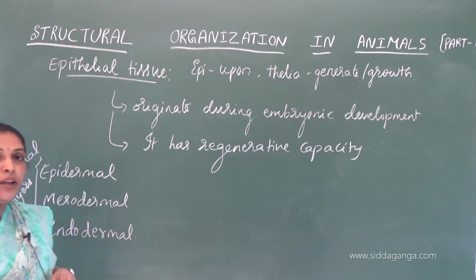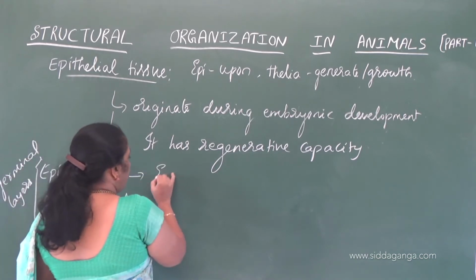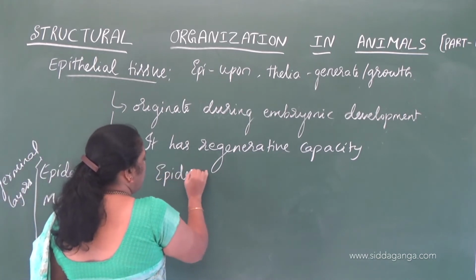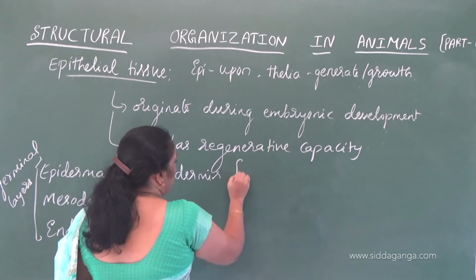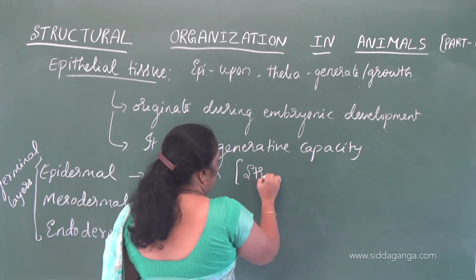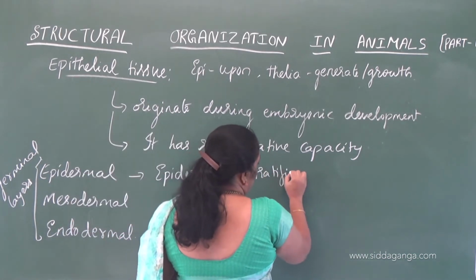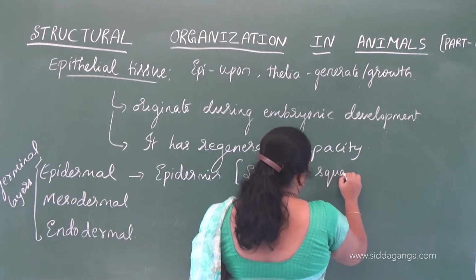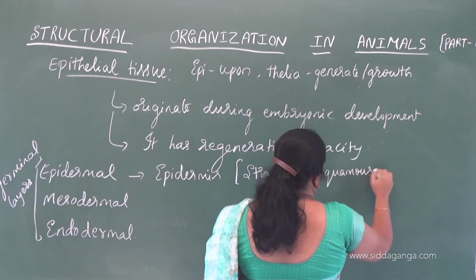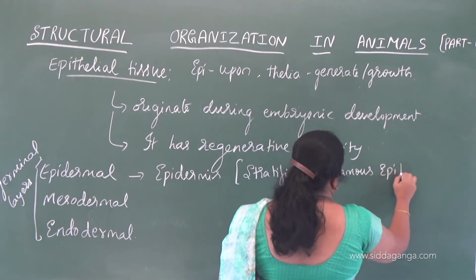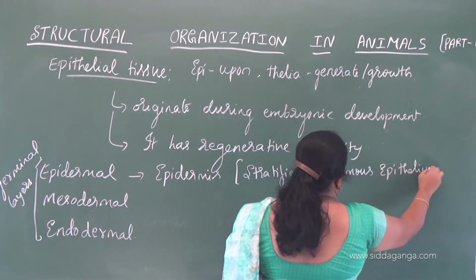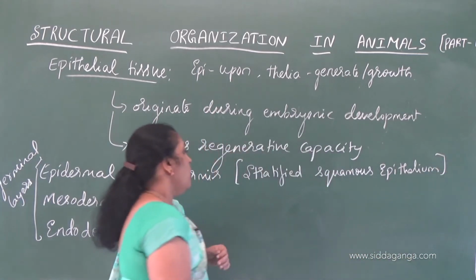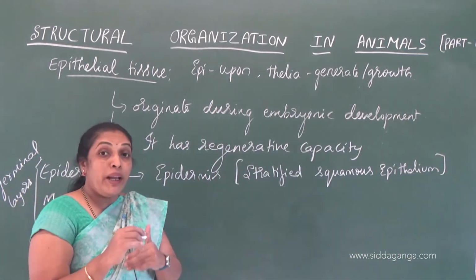So from the epidermal layer we see the formation of epidermis, that is skin. An example for this is stratified squamous epithelium. Stratified means many layers.